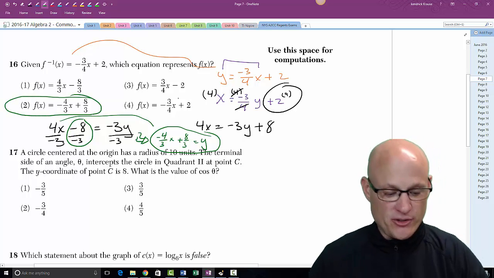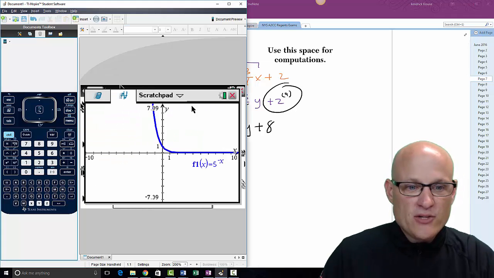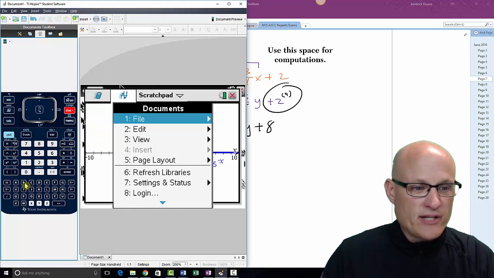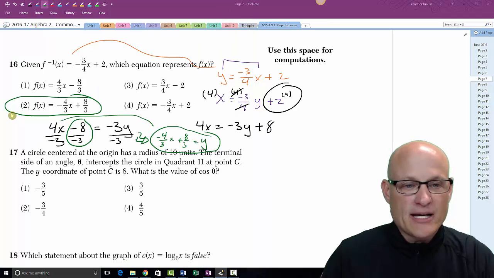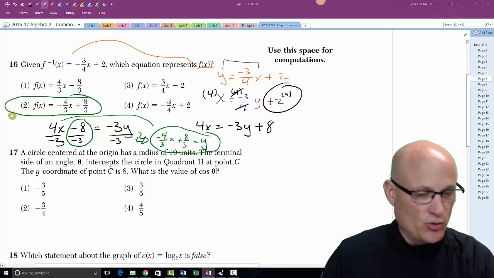Now, I promised you I'd show you 2 different ways, so let me show you the other way. So I'm going to go over my graphing calculator, get rid of this, and I'll get my graphing calculator. I'm going to type in the original, which was negative 3/4 x plus 2.